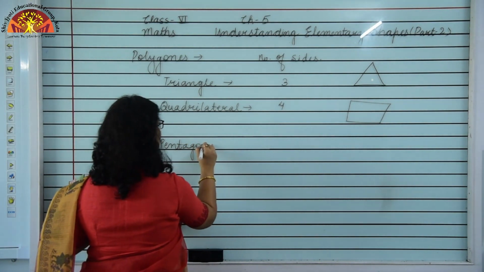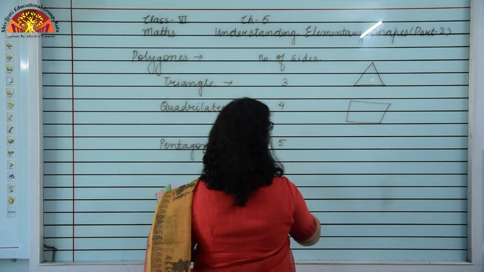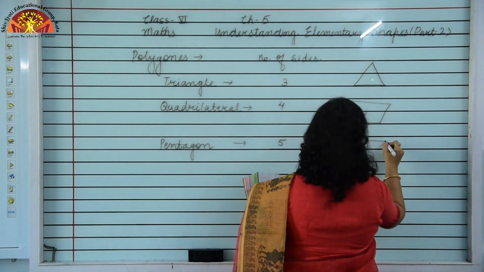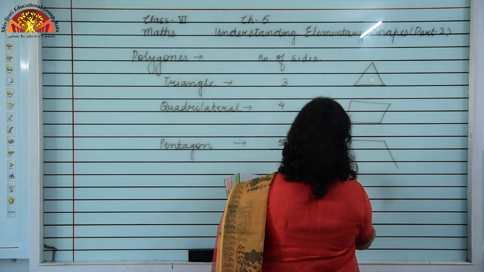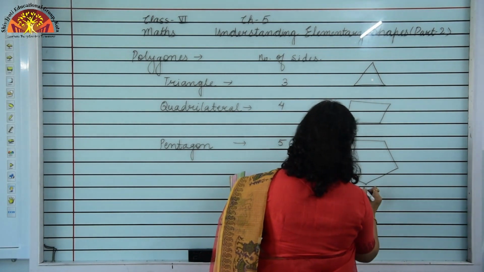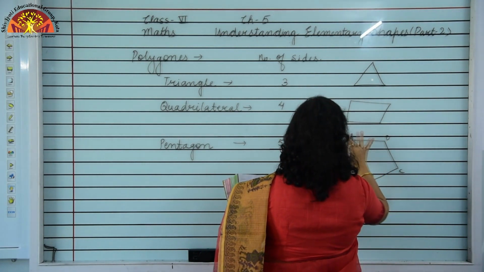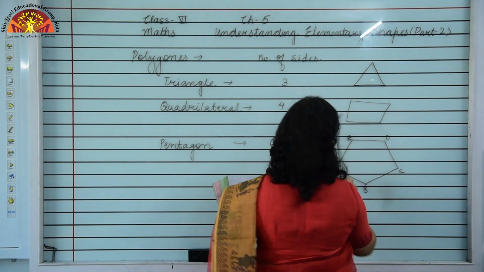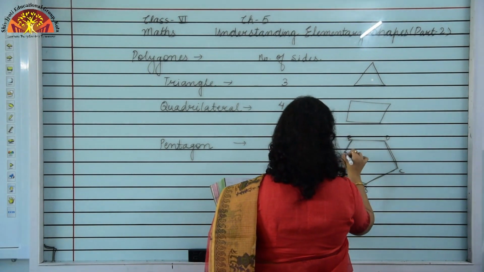In a pentagon we have five sides, and this is the pentagon. Suppose this is A, B, C, D and E. So this is one side, 2, 3, 4 and 5.